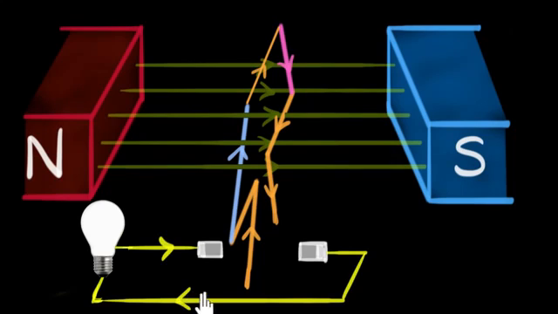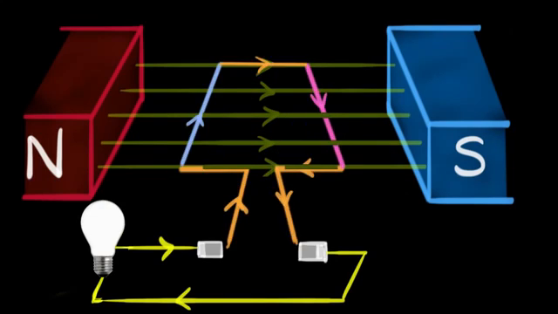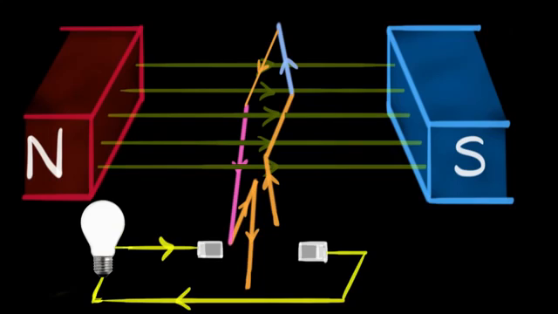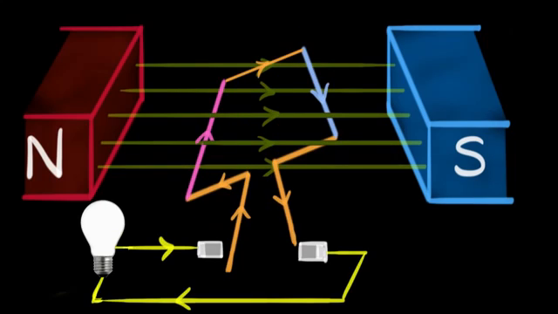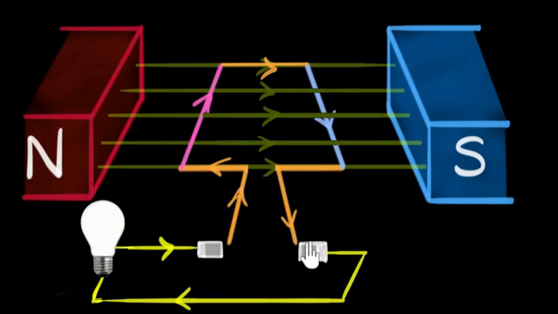So now, to maintain the current in the same direction, we would require this brush to come in contact with this wire, that is the blue side, right? And then again, once we come to this position, the current flips again, and we would want this brush to come in contact with this side. And so as a result, can you see that for every half a rotation, we would want the contacts to keep changing? But how do we make sure that happens automatically?